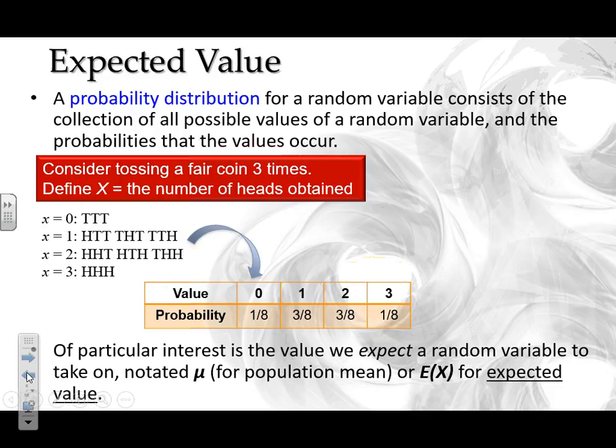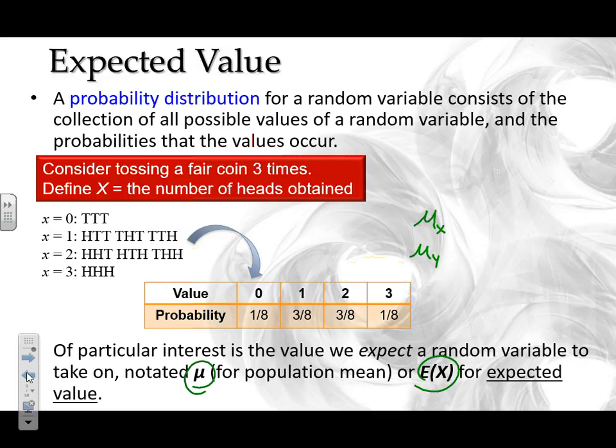Okay? And a lot of times, especially in the book, they might even go so far as to say mu of x or mu of y, to differentiate between different random variables. So you need to understand that both of these notations, mu and E of x, mean the same thing. They're both expected values.